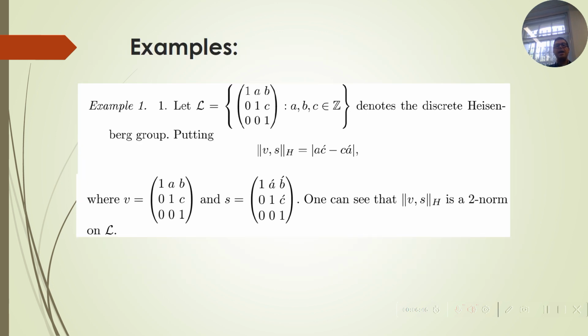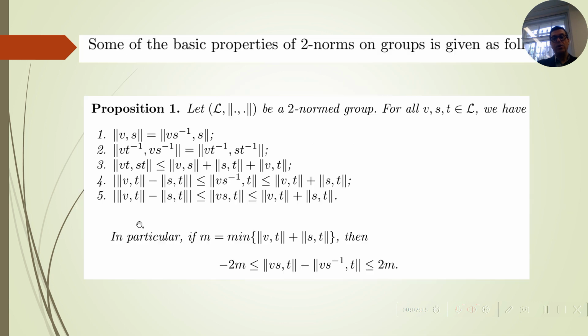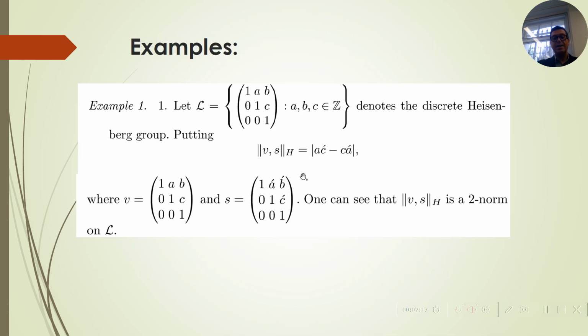One example: let L be this 3 by 3 matrix with all elements in Z, and this denotes the discrete Heisenberg group. Let's put the Heisenberg norm of V and S equal to the absolute value of this difference, where V is defined by this matrix and S is defined by this matrix.